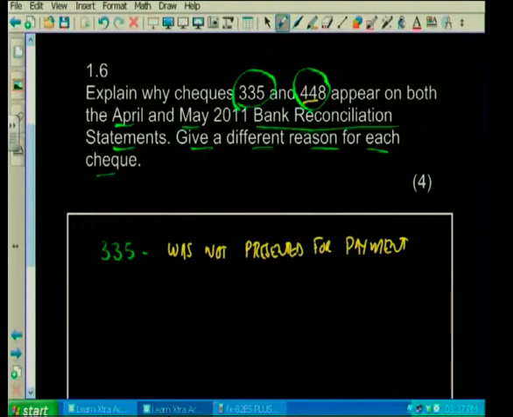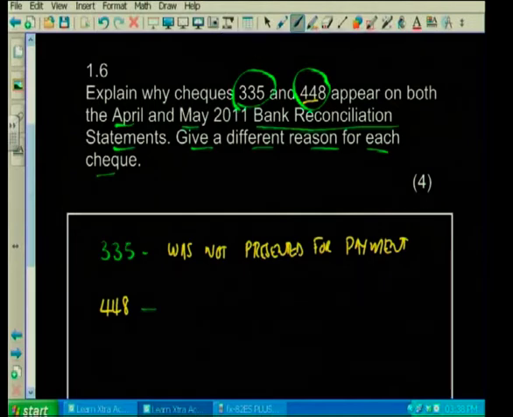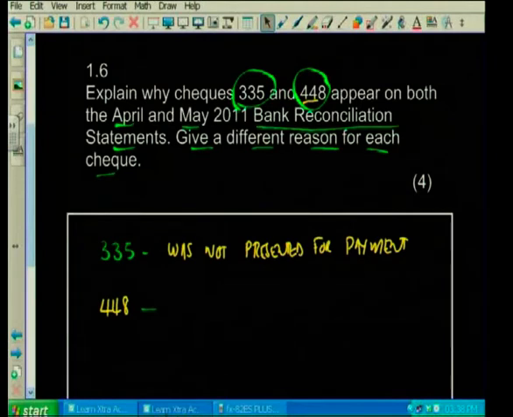Number 448. What do we know about number 448? What do they tell us about 448? Let's go back and see. Number 448, it's dated the 25th of June. In other words, this check, number 448, cannot be presented for payment. Why not?